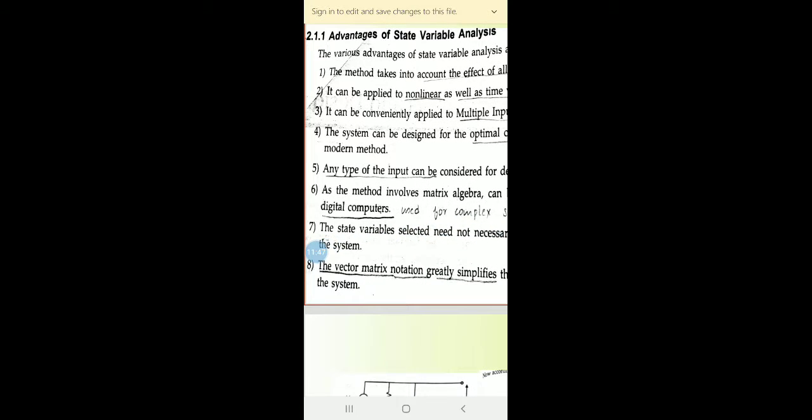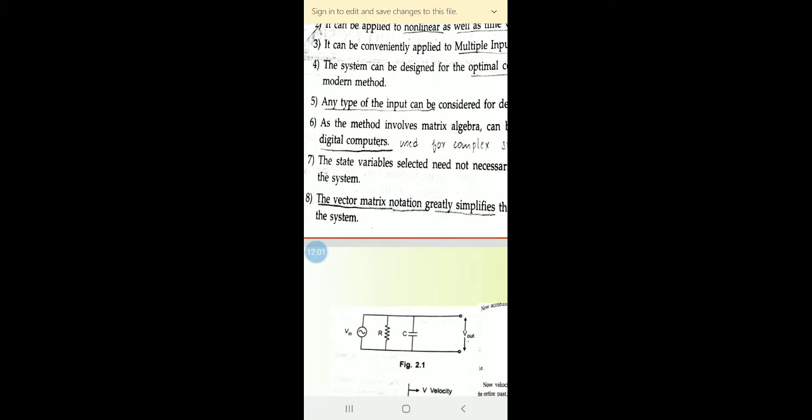Any type of input can be considered for designing the system. 6. As the method involves matrix algebra, it can be conveniently adopted for digital computers. 7. The state variables selected need not necessarily be physical quantities of the system. 8. The vector matrix notation greatly simplifies the mathematical representation of the system. So these are the advantages.